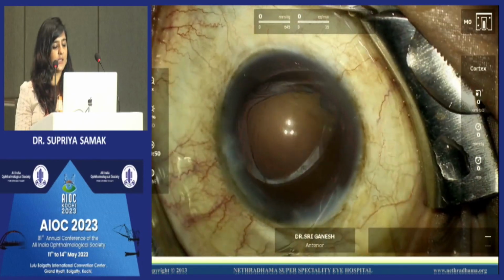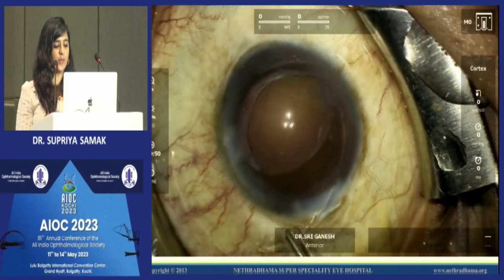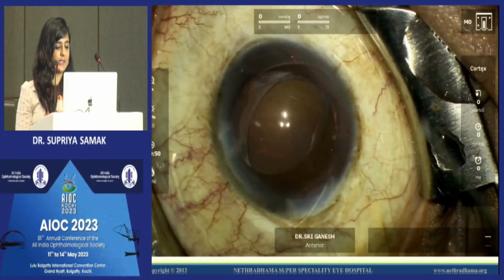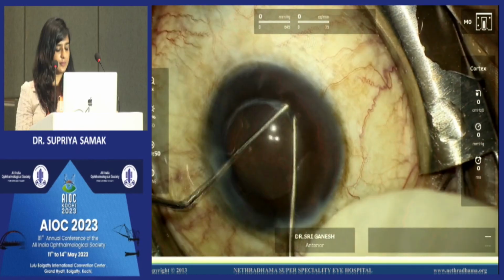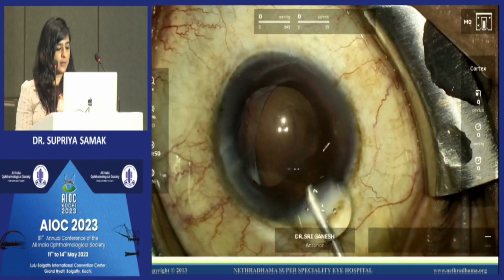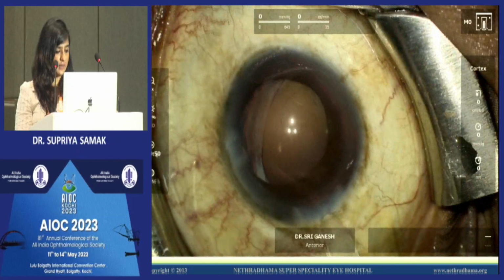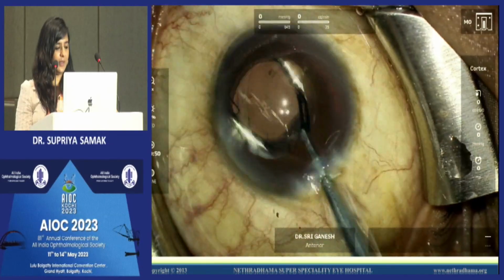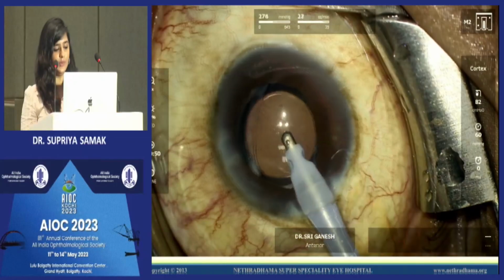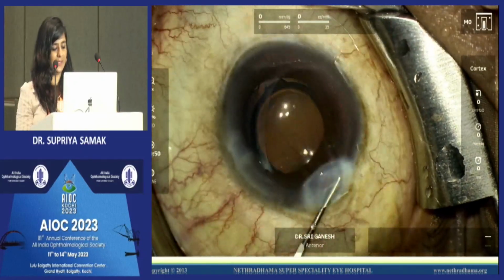After the CTR is put, you can see that the ZD was just about 2 clock hours. So the bag is well distended and intact. So after placing the CTR, the lens is implanted in the bag. Here a monofocal lens is used to complete the case.